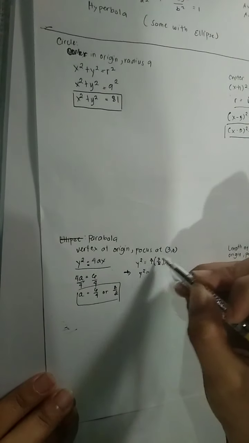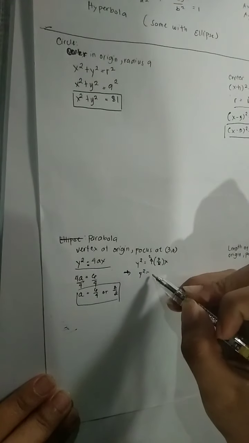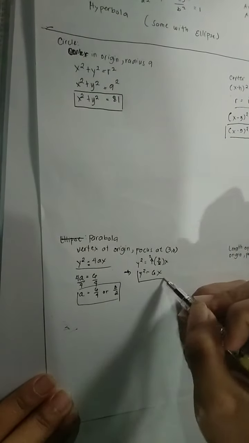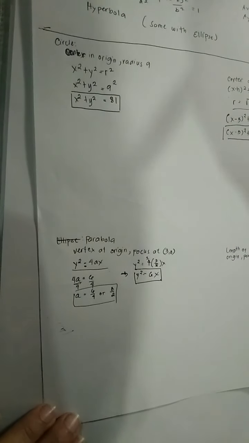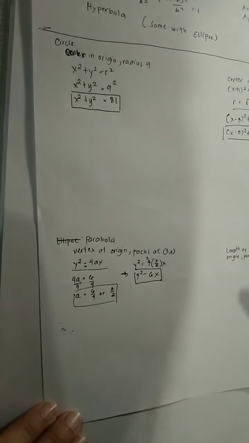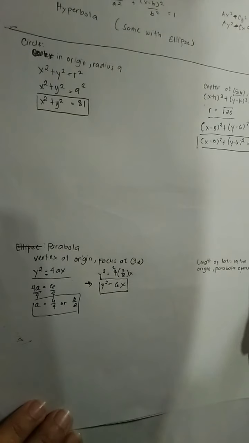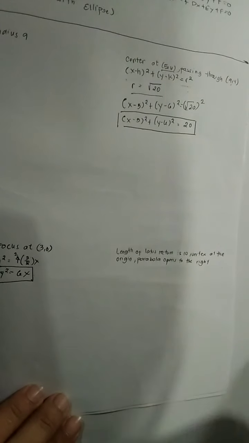Cancel out, that would leave us with 2, and 2 times 3 is 6x. So our equation is y squared is equal to 6x. That is the standard form of a parabola with the origin as the vertex and a focus at (3, 0). How about this one?